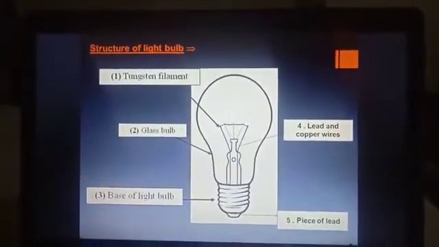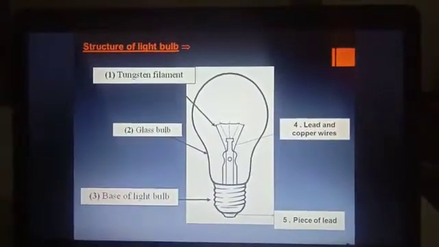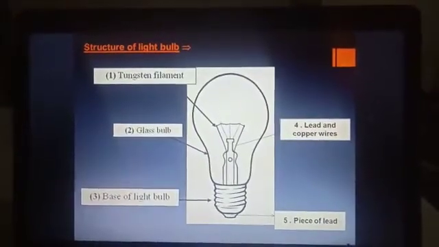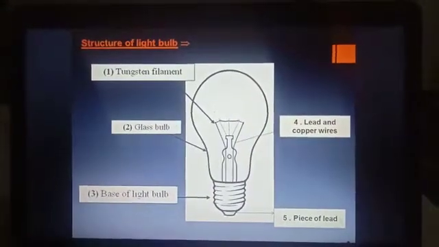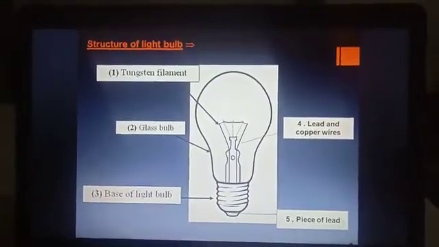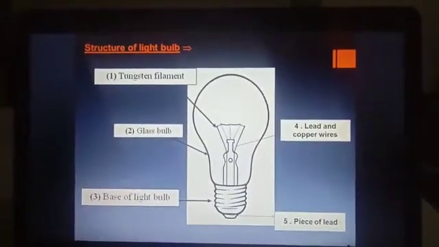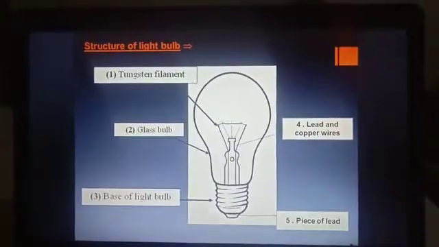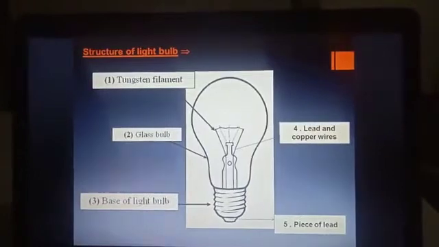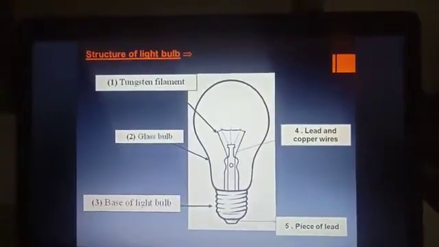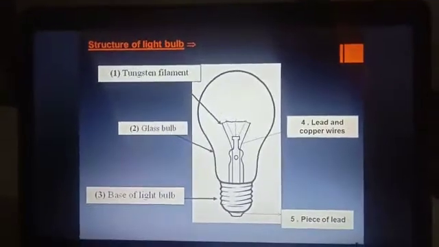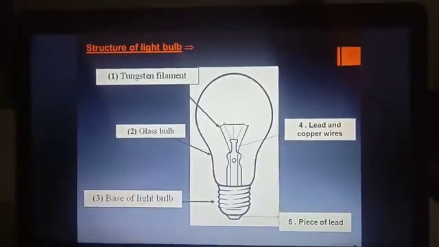And if we made the filament from any metal that has a low melting point, what will it do? It will melt. So, this filament is made up of tungsten. Why? Because tungsten has a high melting point. And what is its function? It will heat up and light after the electric current passes through it.